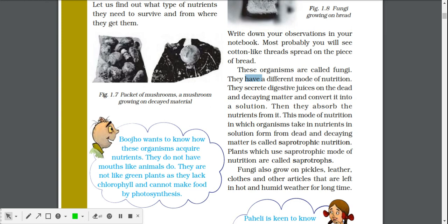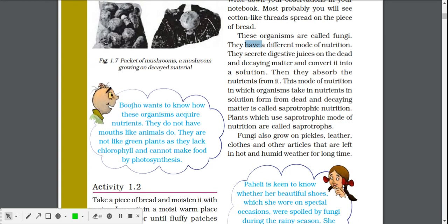This mode of nutrition, in which organisms take up nutrients in solution form from dead and decaying matter, is called saprophytic nutrition. Basically, saprophytic nutrition is where organisms take nutrition from dead and decaying parts of plants or animals.